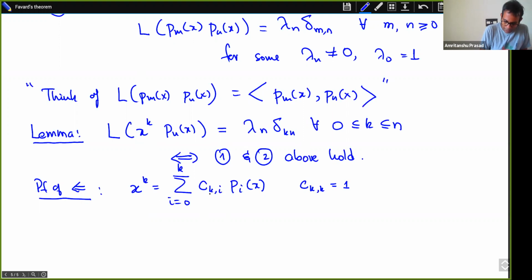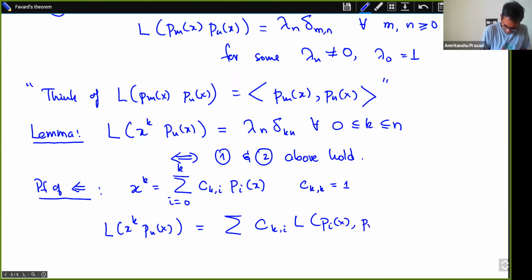If you take P_k, it's x^k plus something of degree less than k, and that spans. And so what we get is L of x^k P_n(x) is equal to the summation p_{ki} L of P_i P_n, just using linearity. But that is equal to, the only term that will survive is p_{kk}, and then that will be lambda_n.